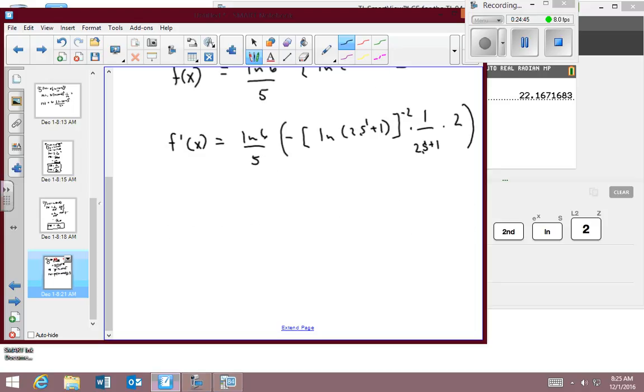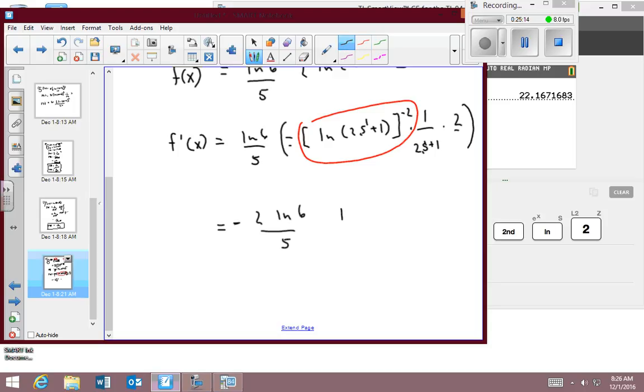So if we join all this together, I'm going to write this 2 out in front. This is 2 ln 6. And I'm going to bring this minus sign out in front here, over 5. Then I'm going to put this thing right here in the denominator.